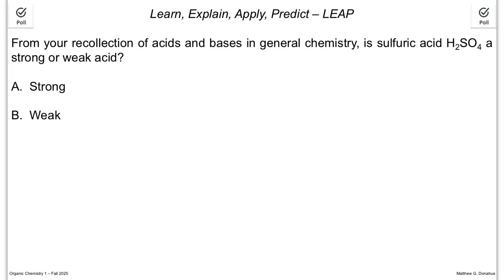From your recollection of Gen Chem, is sulfuric acid a strong or weak acid? So it's a strong acid. And what about acetic acid? Have you heard that term before, acetic acid?